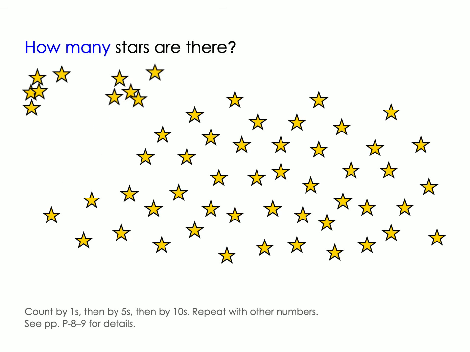And once we circle groups of 5, then we can count them by just counting up by fives. 5, 10, 15, 20, and so on and so forth. And we can count up really high really quickly. And that is what we want to be able to do.